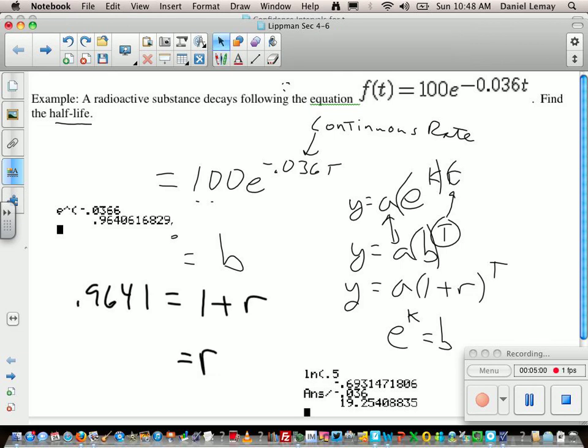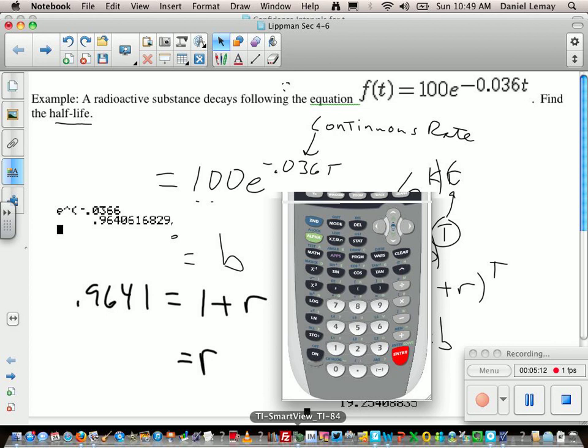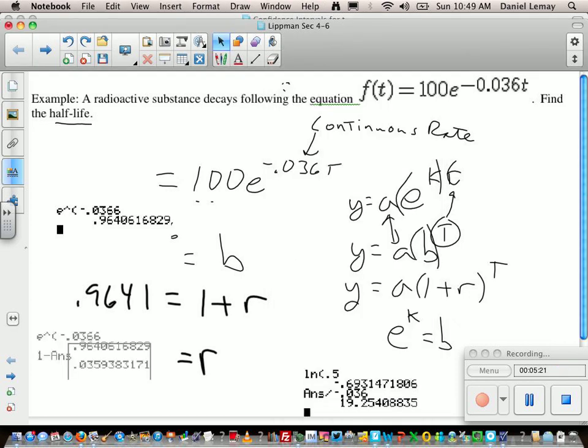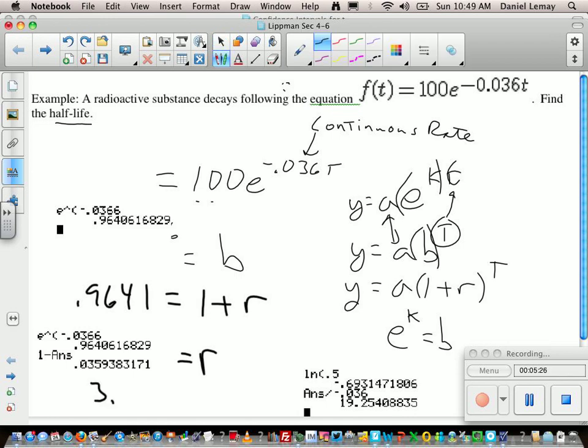And what is that? 0.036. I'm losing it in my head here. So it's 1 minus that answer. So 0.03... And we can say it's losing material at 3.6%.